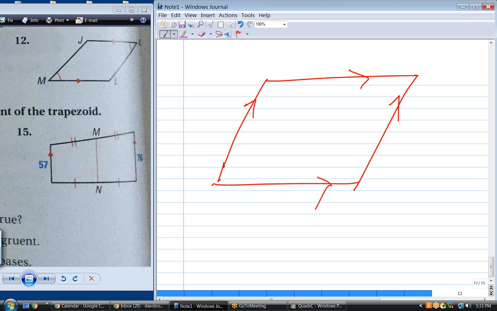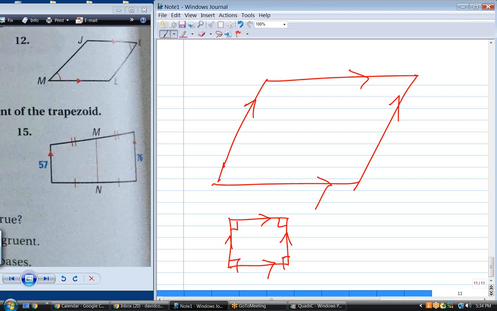It's a little different than calling a square a rectangle. In other words, a square is a rectangle, because a definition of a rectangle is opposite sides are parallel and every angle is 90 degrees. That definition also applies to a square.